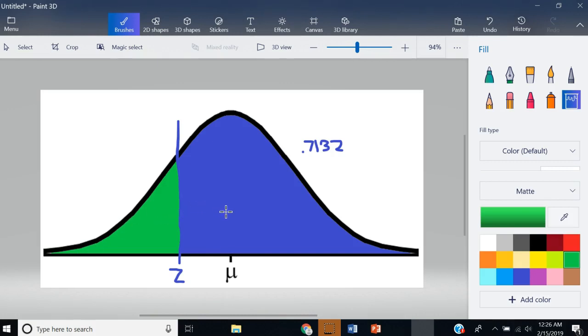Now, what's the relationship between the blue area and the green area? Hopefully we can see that the blue area plus the green area takes into account all of the area underneath the curve. So what does that mean about the probabilities? That means the probabilities add to 1.